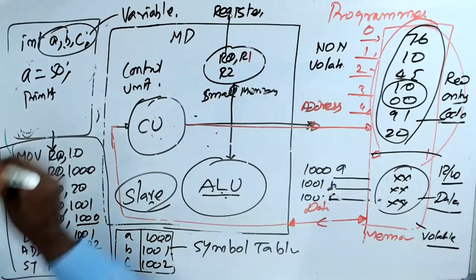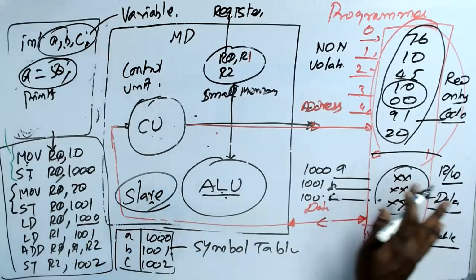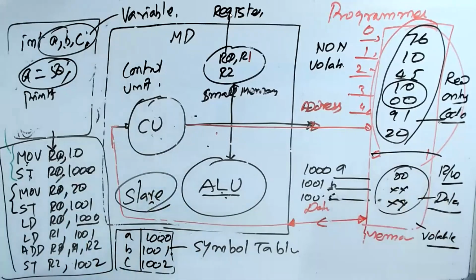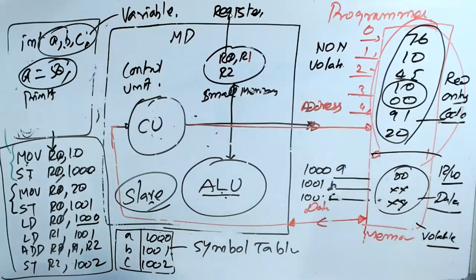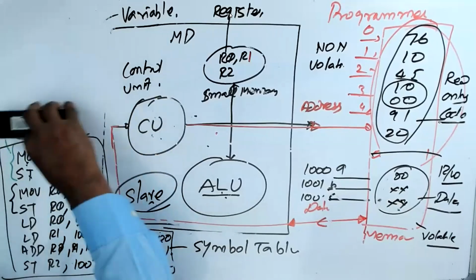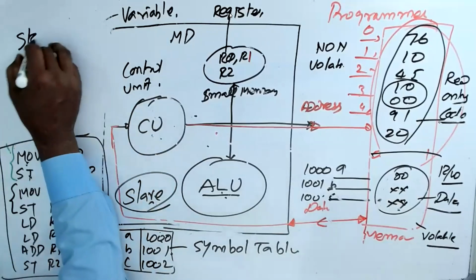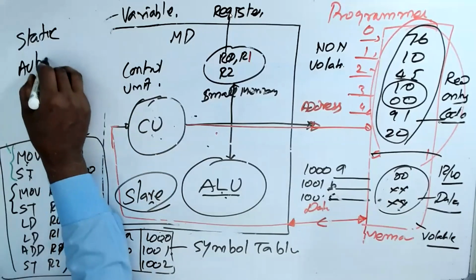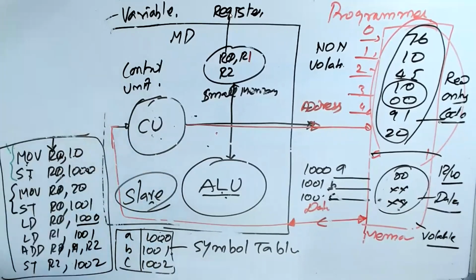So in the case of RAM, you always write first. When you write 50, 50 will be written here. Without initializing, you are not supposed to use the variable. The variable has to be initialized first, otherwise it takes a junk value. We will discuss the memory variables, static, auto and so many other things, later. Don't worry about that. So this is clear.